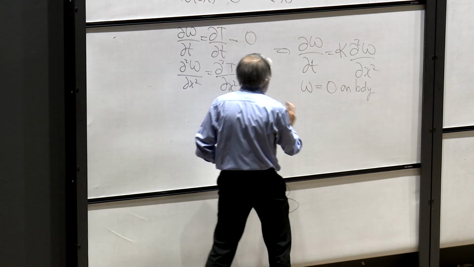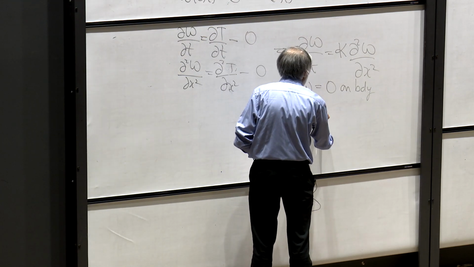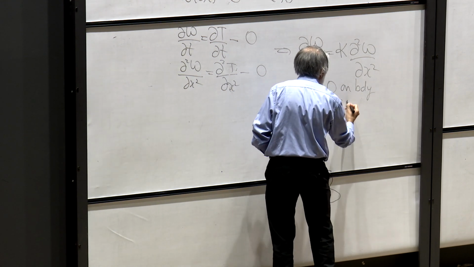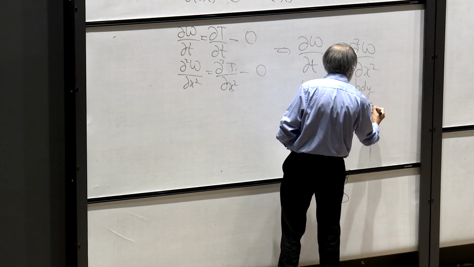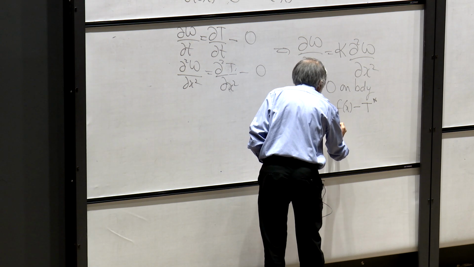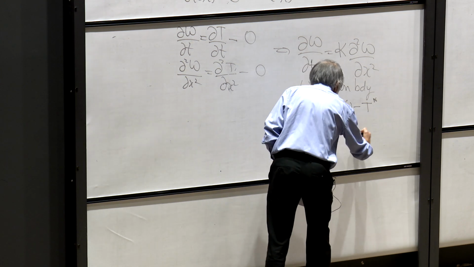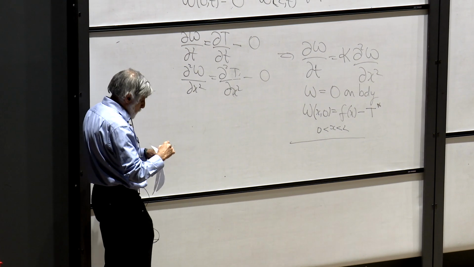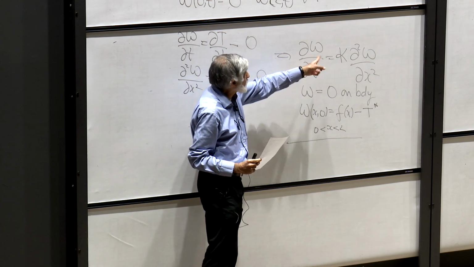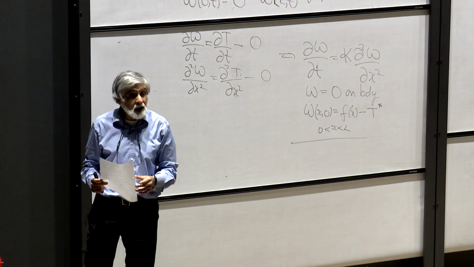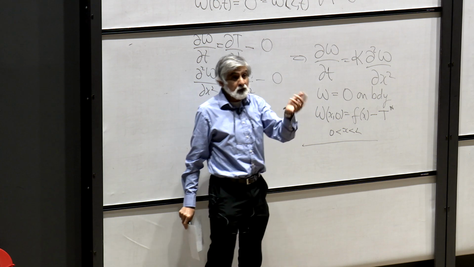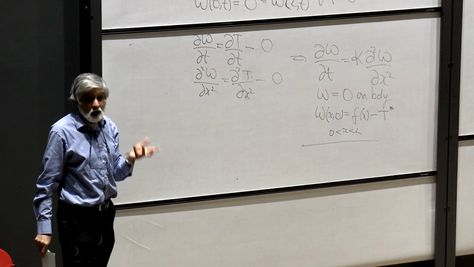And the initial condition for W of x,0 is equal to f of x minus T star. So now, if we look at this problem, everything works. So now look for a solution of the form f of x times g of t. Usual argument, f double dashed over f must be a constant.